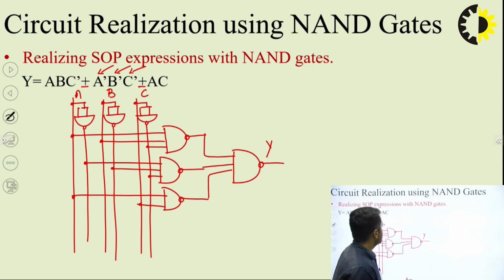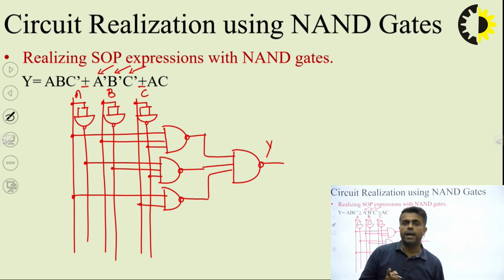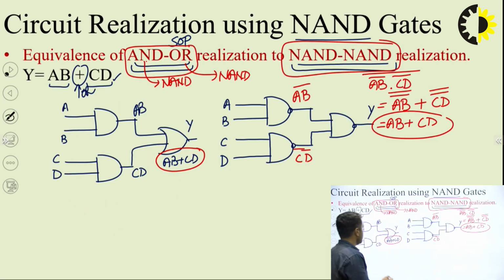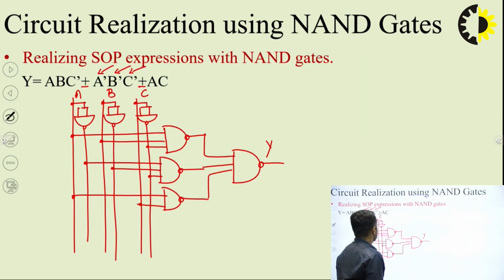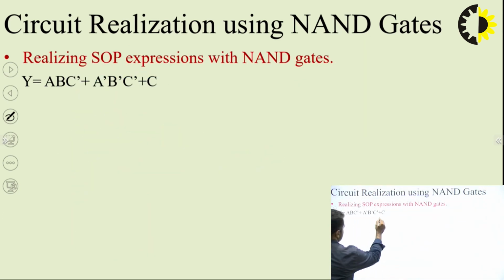But we have to keep this in mind that we have said that AND OR realization is equivalent to NAND-NAND. That means every input which is reaching the OR gate must be coming from the output of an AND gate. That means only then it will be considered as AND OR realization. So if there is an expression, let's take this expression.